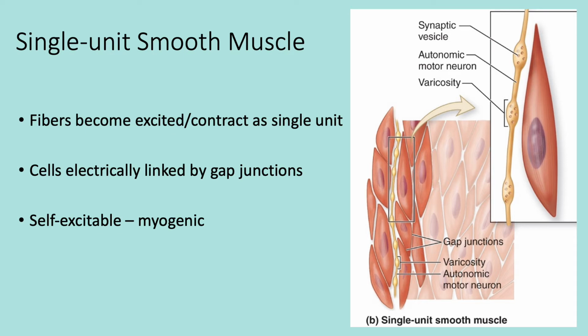Another difference between single unit and multi-unit smooth muscle is the lack of a neuromuscular junction or motor end plate with these single unit smooth muscle cells. So we have a nerve fiber here, an autonomic neuron, and with a multi-unit, we would see that this would innervate this cell directly. Now, we don't have that with our single unit. Instead, we have these bumps here, or varicosities.